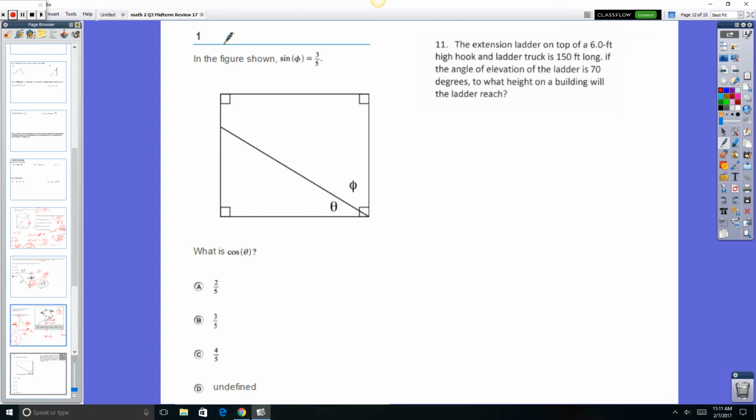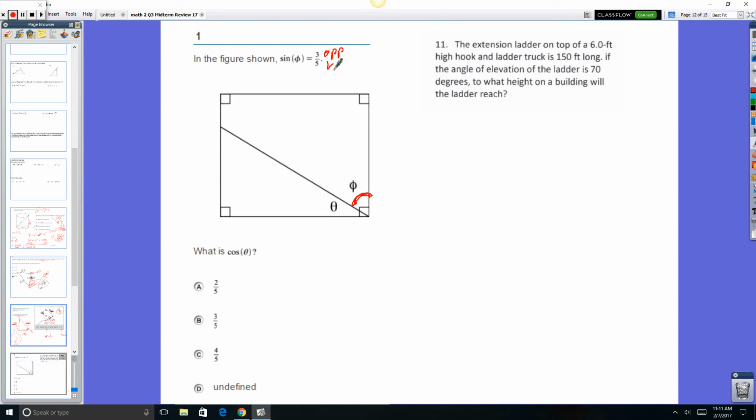Okay, this one, the figure shown, sine of phi, so this is another Greek alphabet letter, is 3/5. So they want you to look right here. So from this angle, sine is the 3 would be the opposite, and 5 would be the hypotenuse, but there's kind of no triangle. So you kind of have to make one.